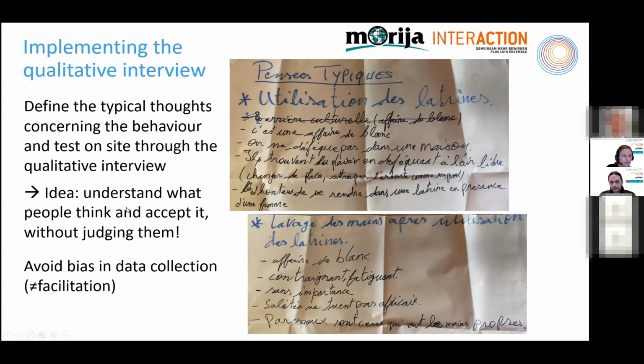So if you look at the flip charts there, so I took the both behaviors, the use of latrine, I would translate because it's in French. And so some people think it's white people business, we defecate in the open and we like it. And white people try to impose that. So it's the business of white people and we don't want that.